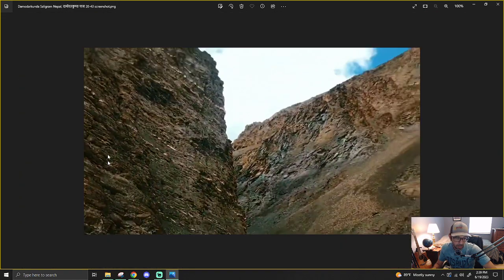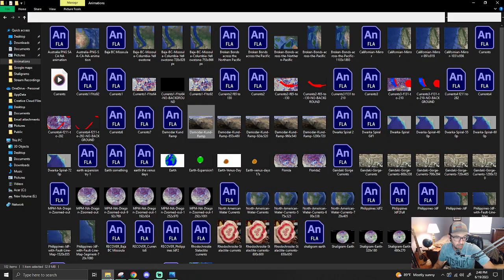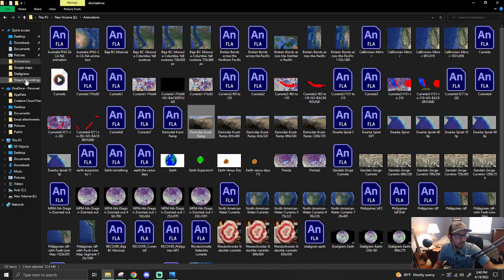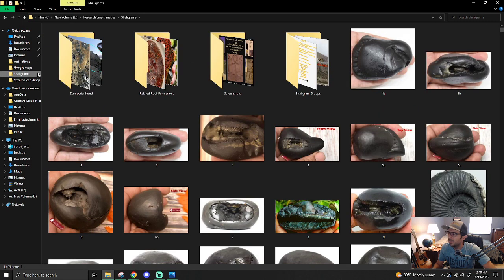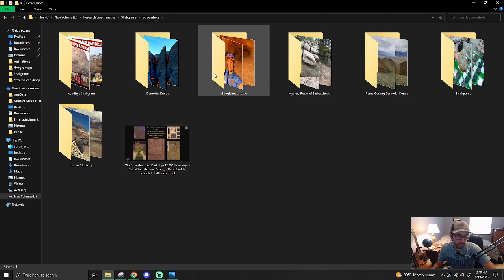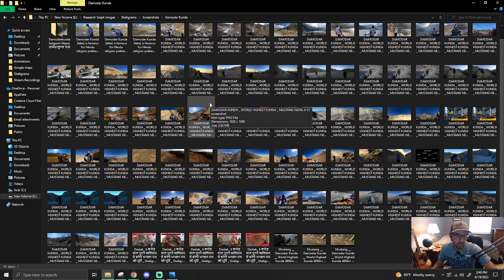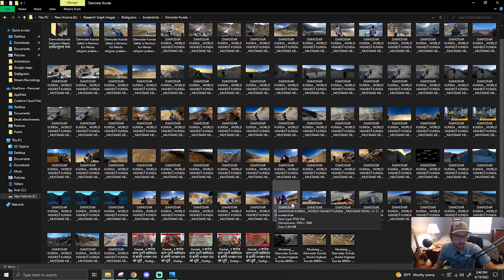Then it had this again. This one, we ran into this wall recently. In here. Where could it be?